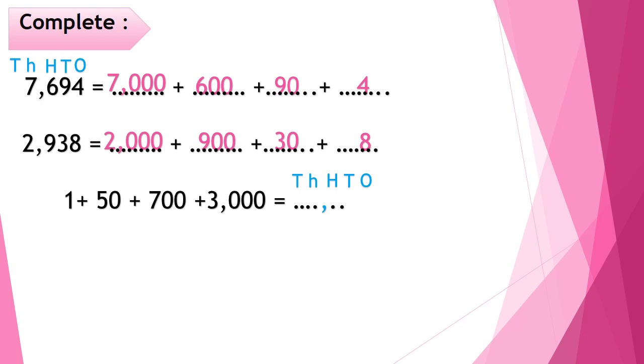And here, thousands, which number here? I have 1 plus 50 plus 700 plus 3000. Which number here in thousands? We know that in thousands we put 3 zeros. Which number here contains the 3 zeros?